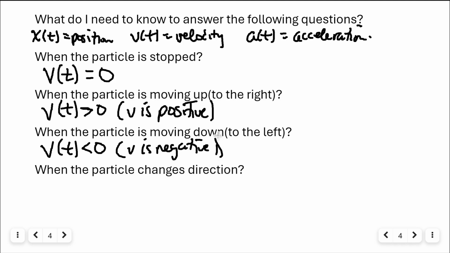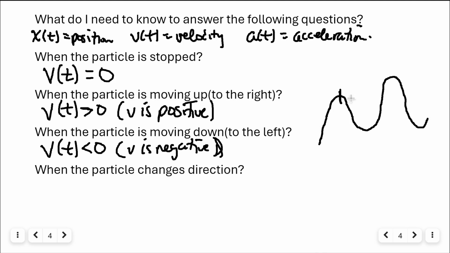When does the particle change direction? Okay, for the particle to change direction, right? Let's say you're going up and down. So if something's moving up and down, it's moving up, it's moving down, it's moving up, it's moving down. So I would need to know, and where does it change direction on this picture?